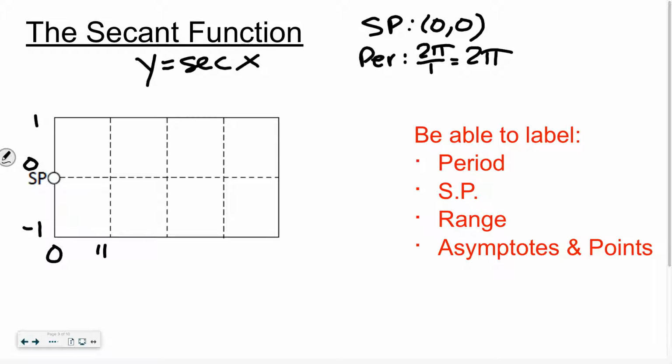I can then build my frame. So the frame is the same because this is off of the parent graph of cosine, right? I'm going to draw or sketch very lightly cosine.